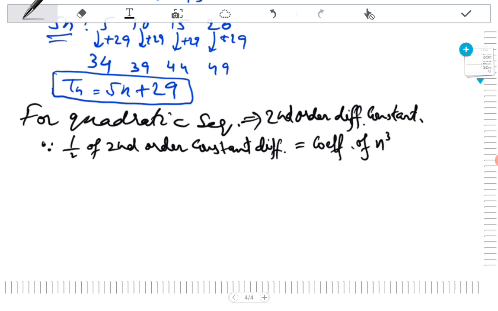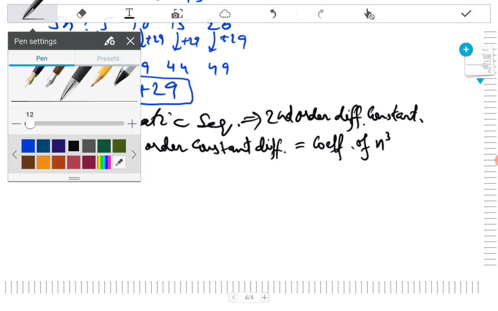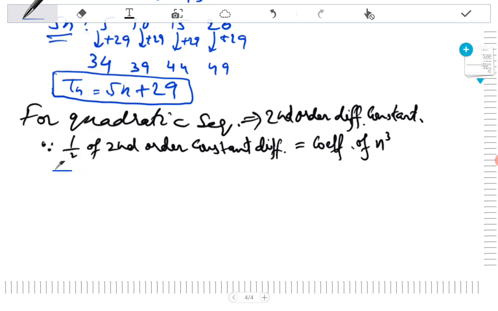Like, I should take another example here. We have some numbers available in a sequence.